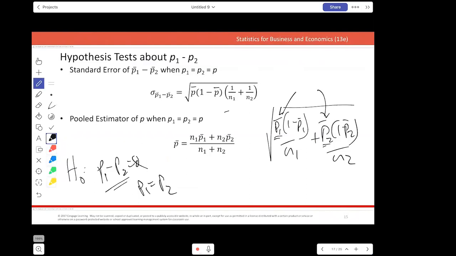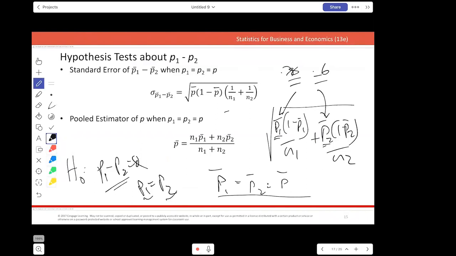So for example, if we had 0.6 and 0.78, they're not the same, yet we're saying P1 is equal to P2. So that means we want an estimate such that P bar 1 and P bar 2 should be equal to the same value, P bar. We cannot estimate the same thing with two different values.